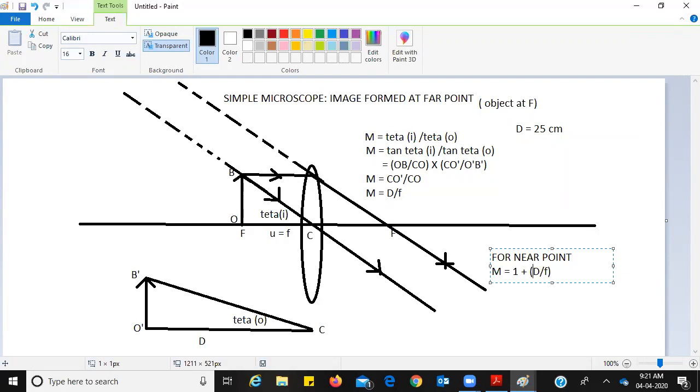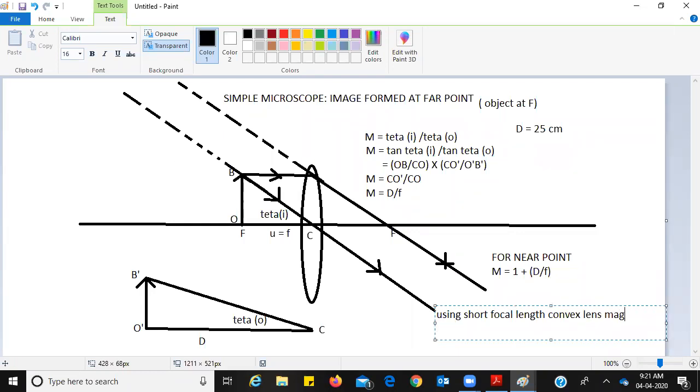So what is the option for increasing the magnifying power of a simple microscope? Using a short focal length. That's better, not decreasing. Once made, you can't change. Using a short focal length convex lens. Does it have to do with the aperture of the lens?